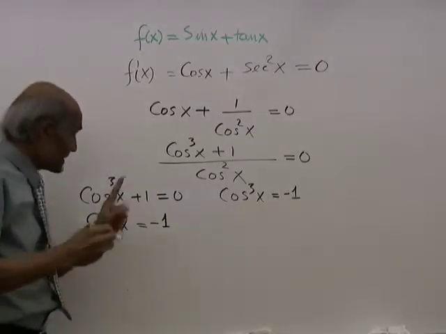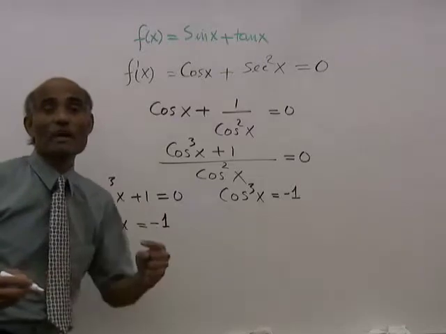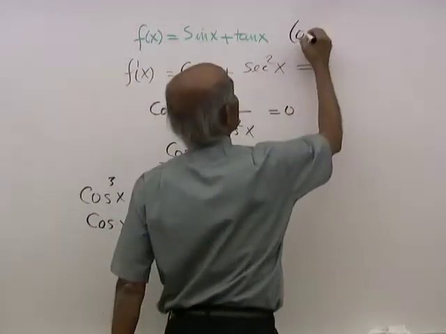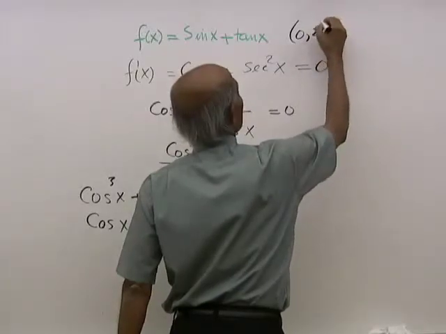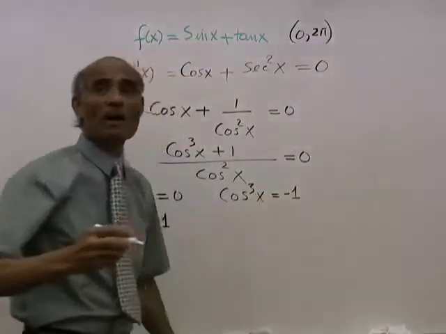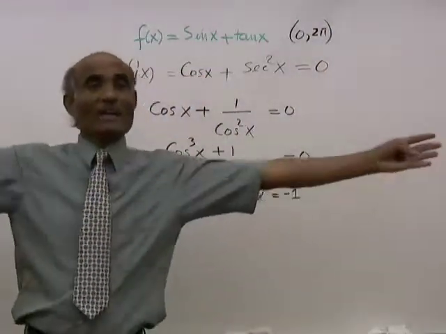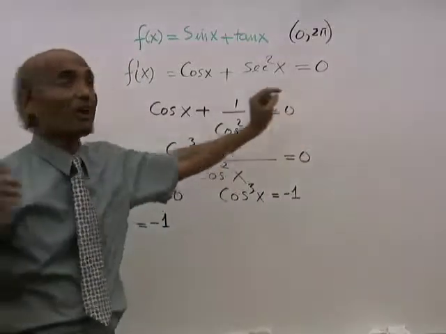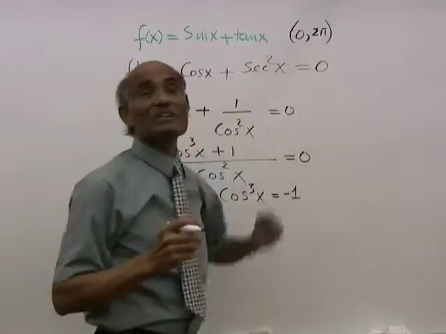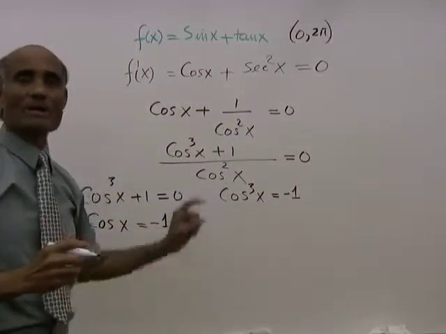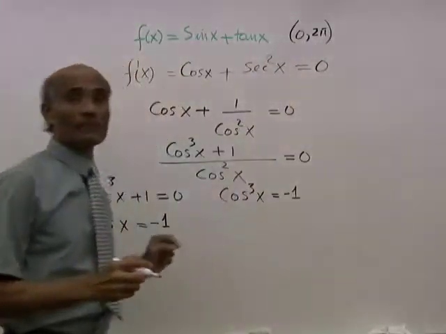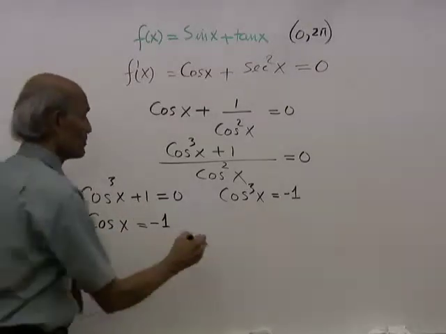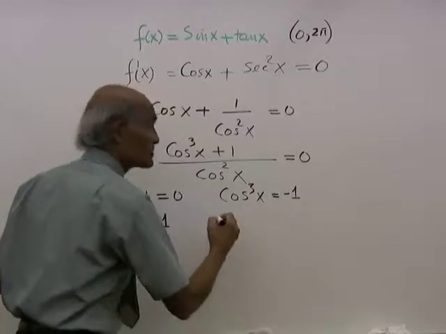By the way, we are only interested in that interval 0 to 2 pi because the graph will extend from negative infinity to positive infinity. We are only interested in, say, 0 to 2 pi. Tell me, on that interval, cos x equal to negative 1 will give you x equal to what?